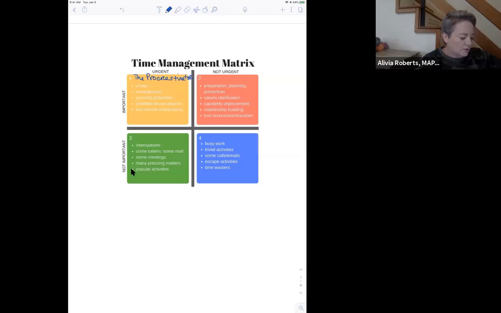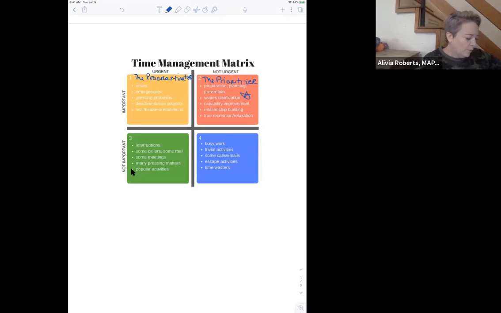Important, not urgent: preparation, planning, prevention, values clarification, capability improvement, relationship building, true recreation, relaxing. This is quadrant 2, the prioritizer. Our intent is to spend more time here because this gives us a better return on investment.